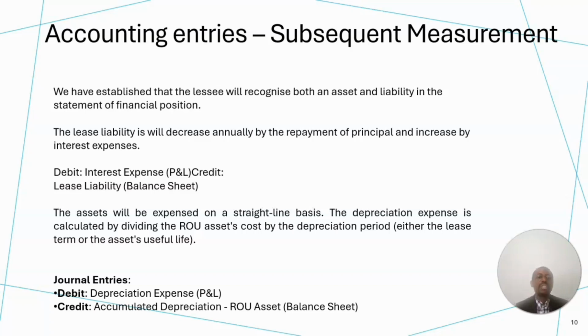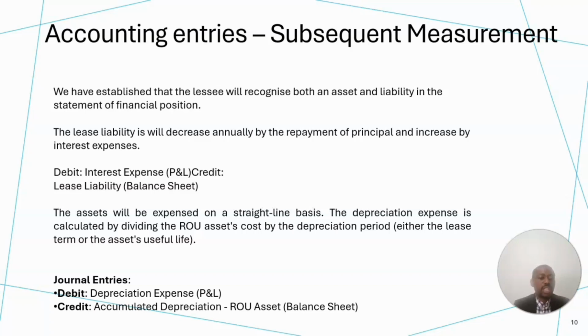So if the lease asset is 5 million and the useful life of the asset is 10 years, but the lease term is 5 years, that means the depreciation will be charged for 5 years, which is the earlier of the lease term and the asset's useful life.